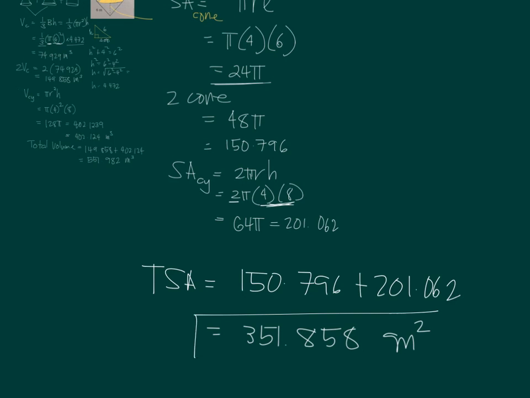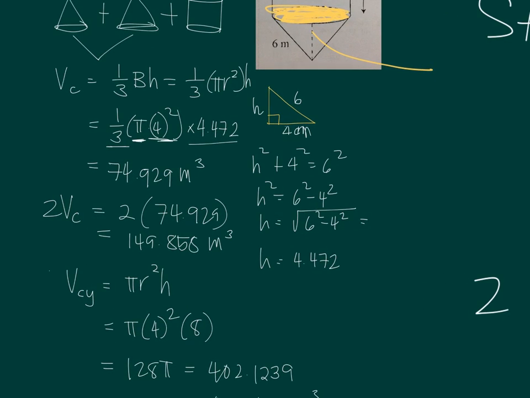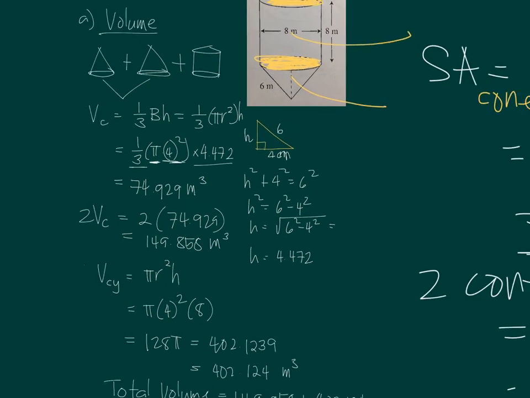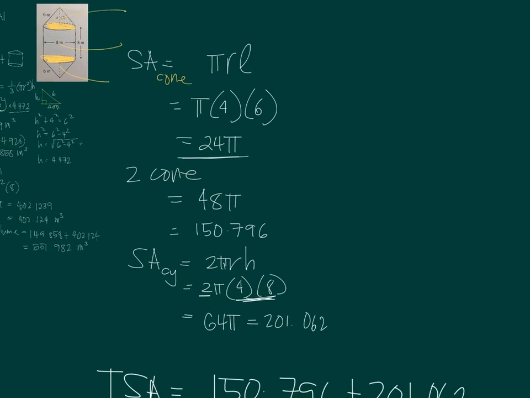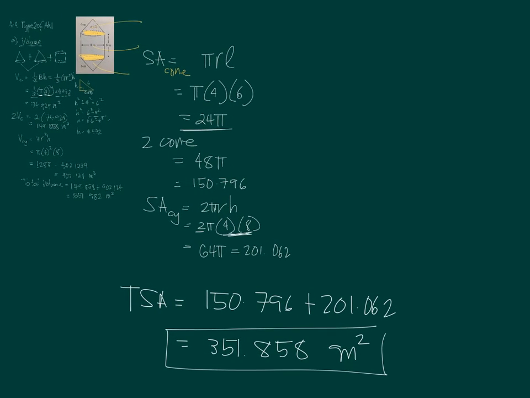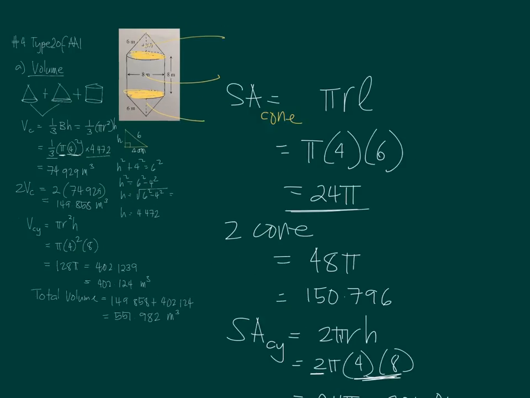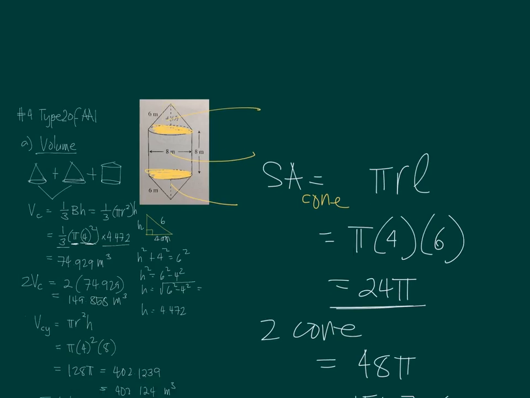So that's the total surface area. I have shown you how to get the total volume of the figure, and also how to find the total surface area of the figure. Just take note that the circles are inside the figure, so those are not considered as surfaces. Okay, so that's it. There you go.